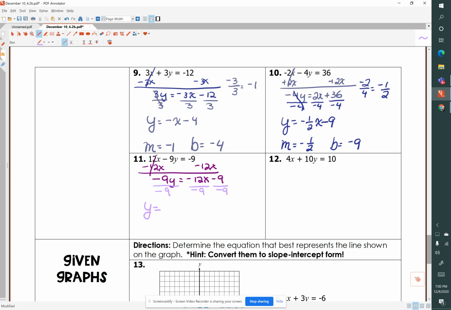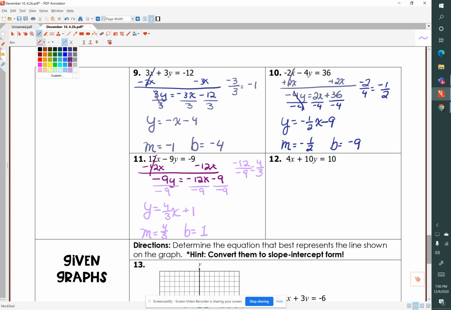Now let's look at that -12 divided by -9. First of all, it's going to go positive, and both those values are divisible by 3, so it would be a positive 4 over 3. So y will equal 4/3 x, and -9 divided by -9 is a positive 1. So our m value equals 4/3, and our b value equals 1.